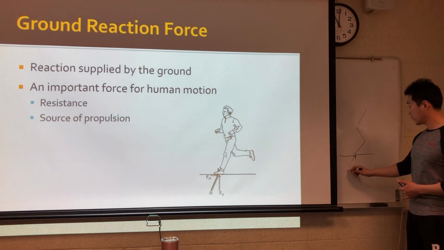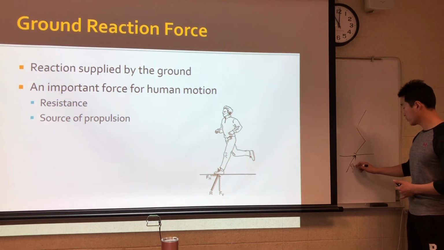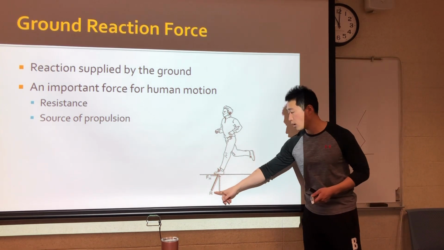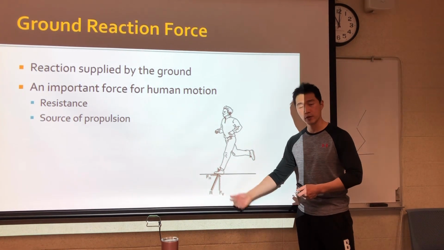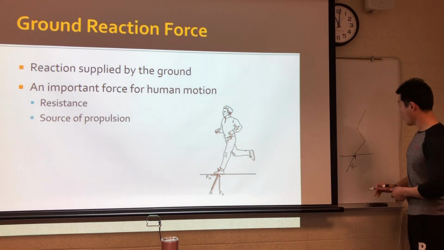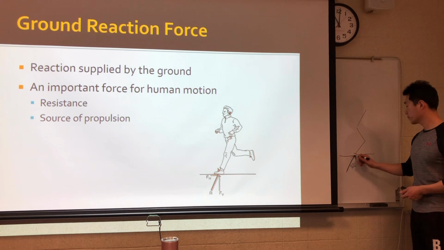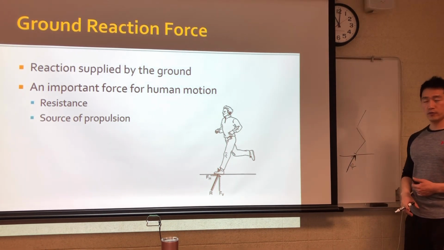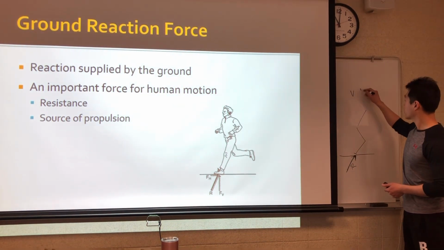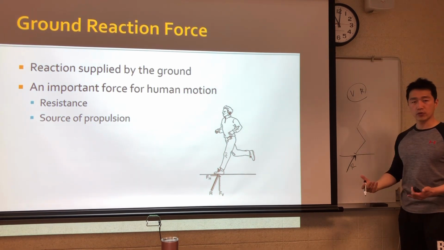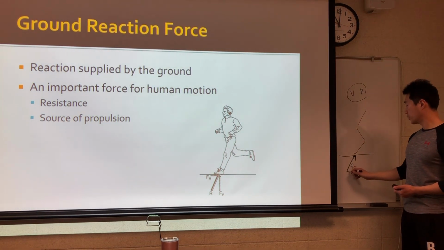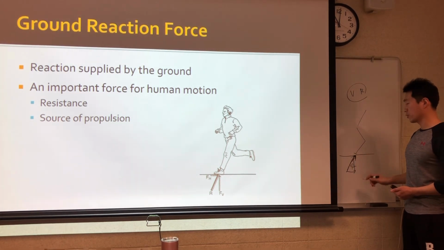So I can say this is a reaction. As you can see here, R means reaction. It's coming from the ground to his body or to his foot. And it is a force, right? And then as you learned, according to vector resolution, this force can be broken down into two perpendicular components. This one and this one.